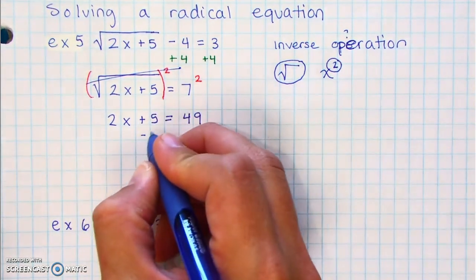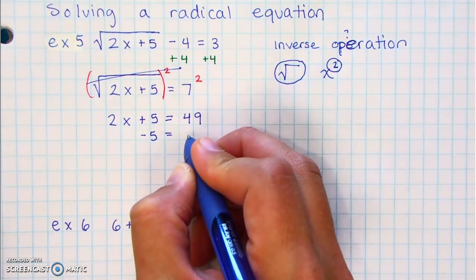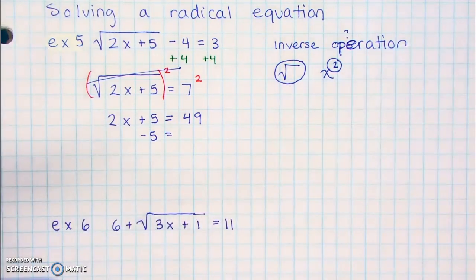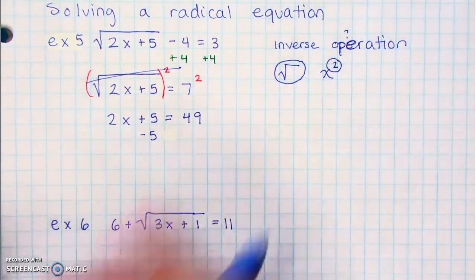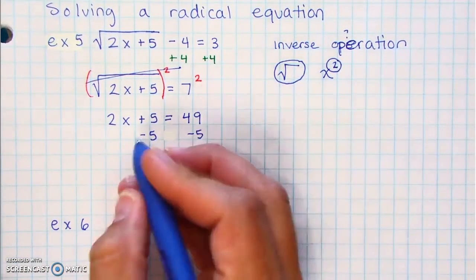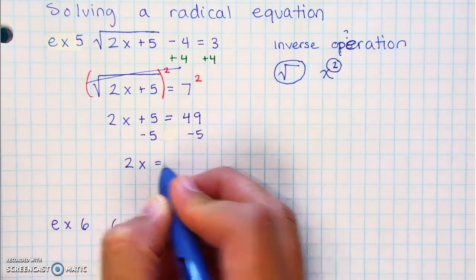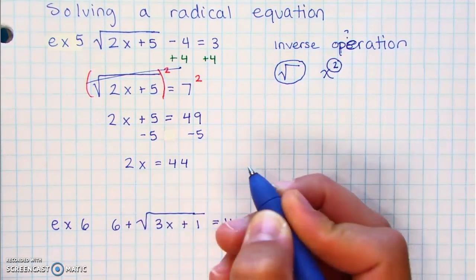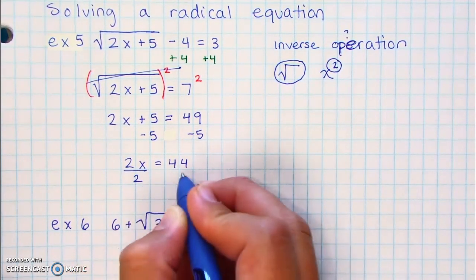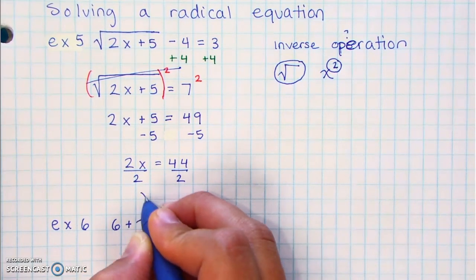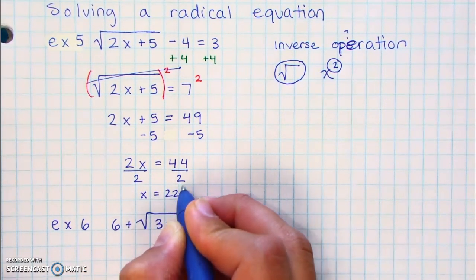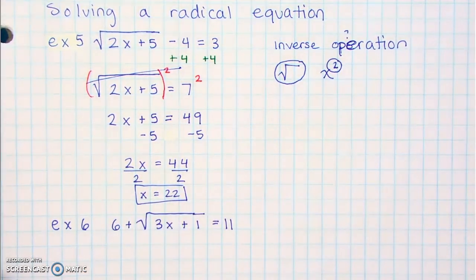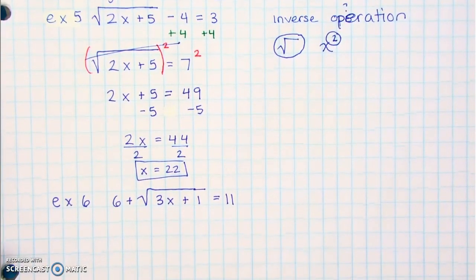I'm going to subtract 5 from both sides. So I get 2x equals 44, and divide by 2. So x equals 22. Isn't math fun?